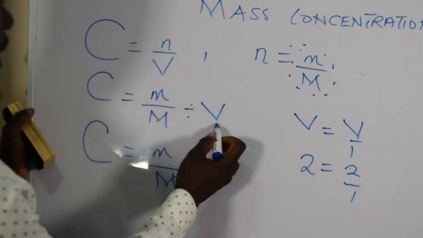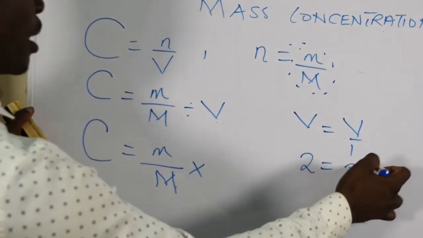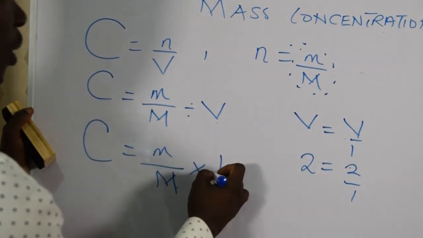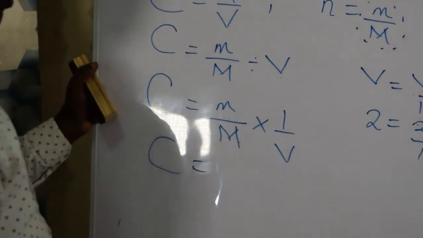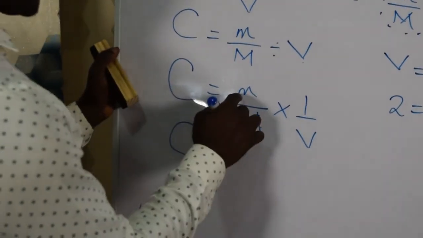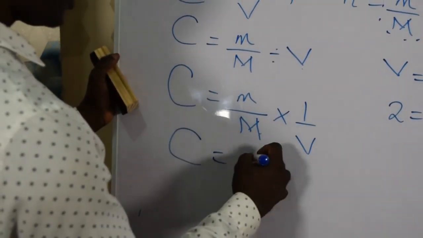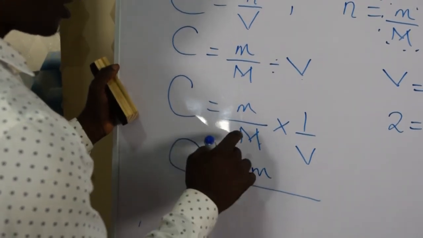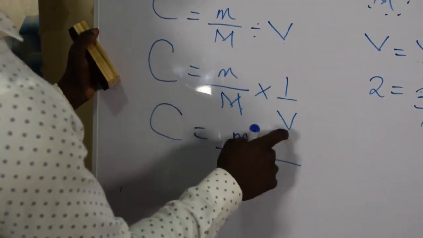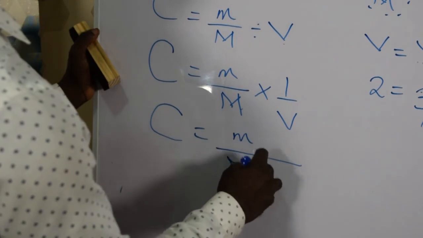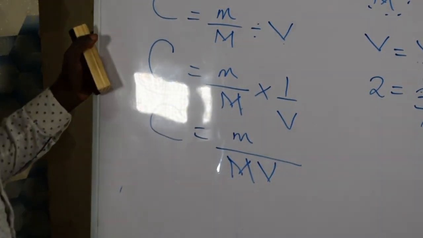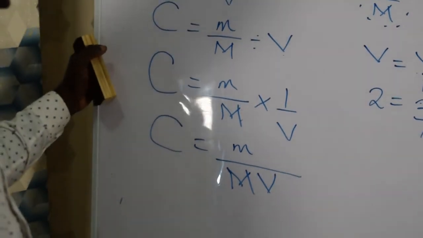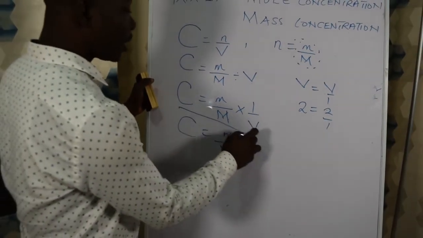So the reciprocal of V, which is V over 1, is 1 over V. When I do that, this formula changes to small m times 1, which is small m, over big M, molar mass, times V, which is MV. Don't forget this formula. It's also very important.